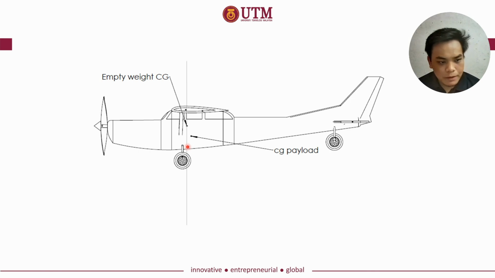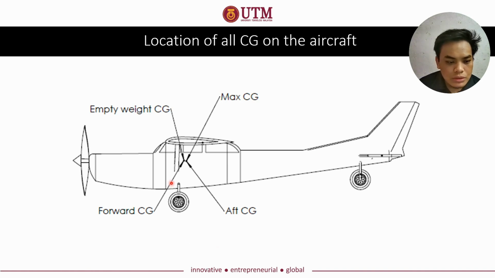So the empty weight CG that we calculated before is located in front of the payload CG, and from this we can conclude that the aft CG is equal to the maximum weight CG, and the forward CG is equal to the empty weight CG.